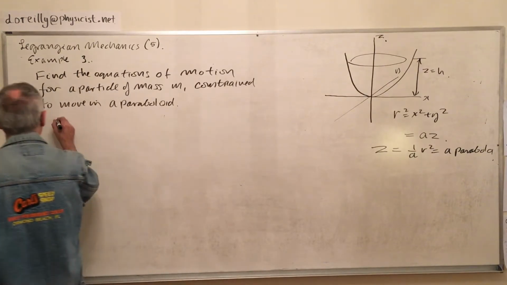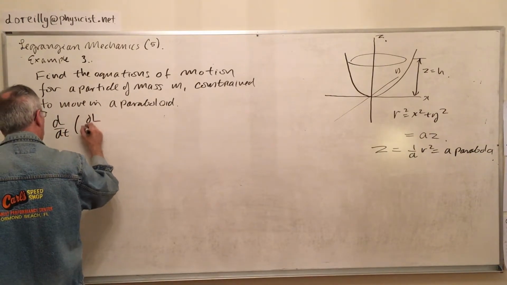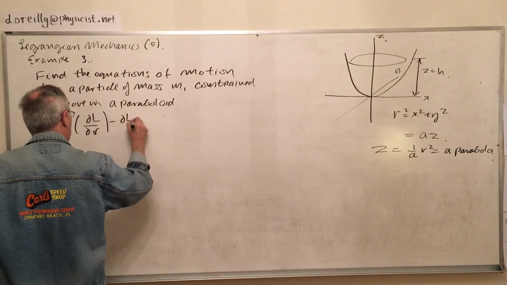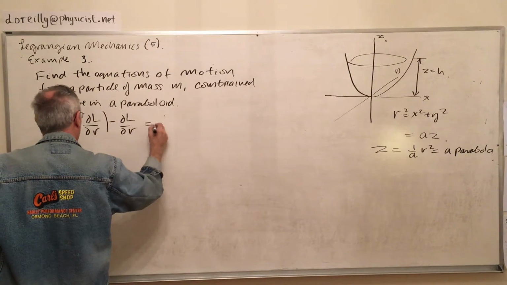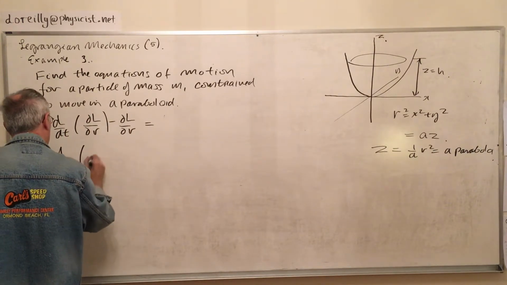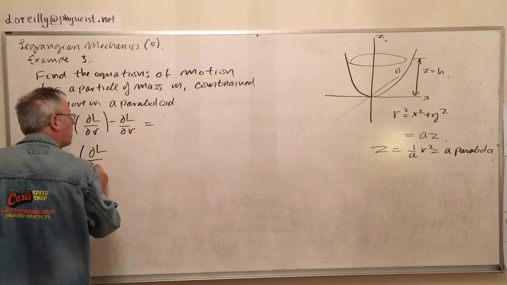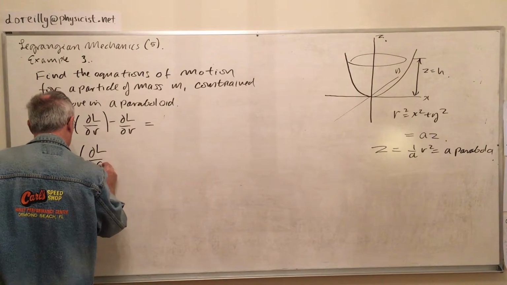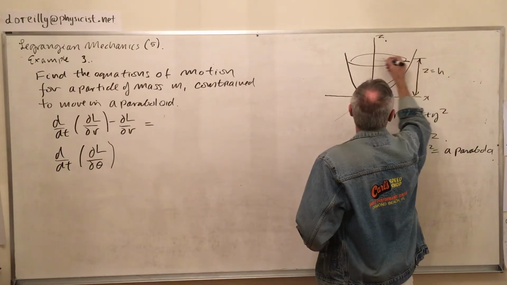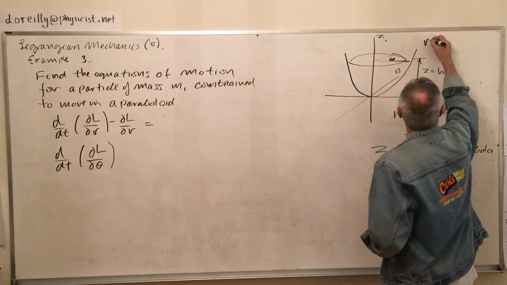Well, we have delta v. We're going to have a theta because our angle theta will be this one. Polar coordinates.